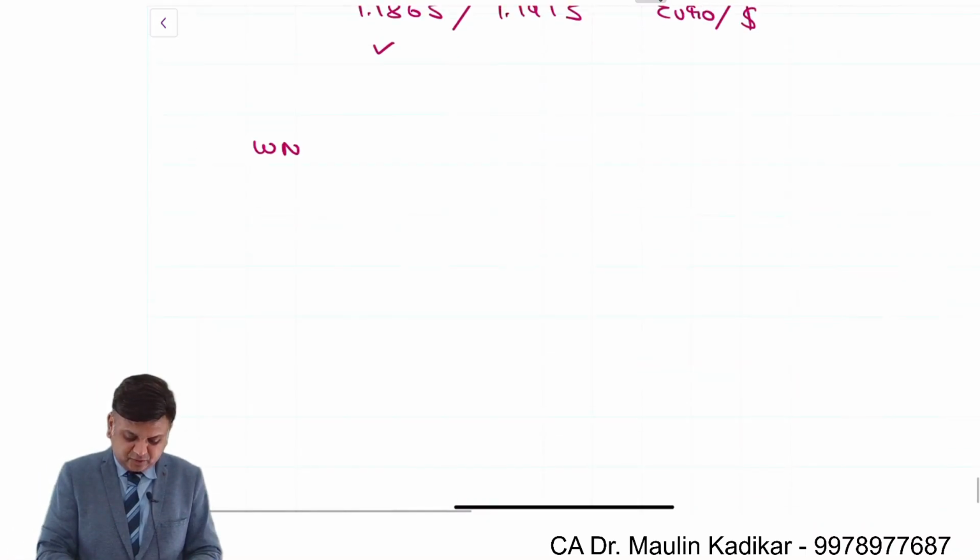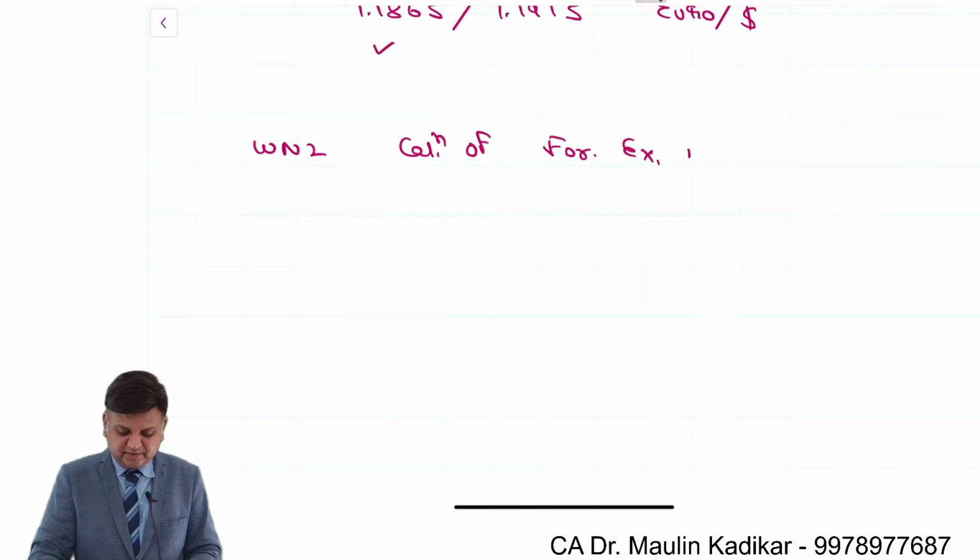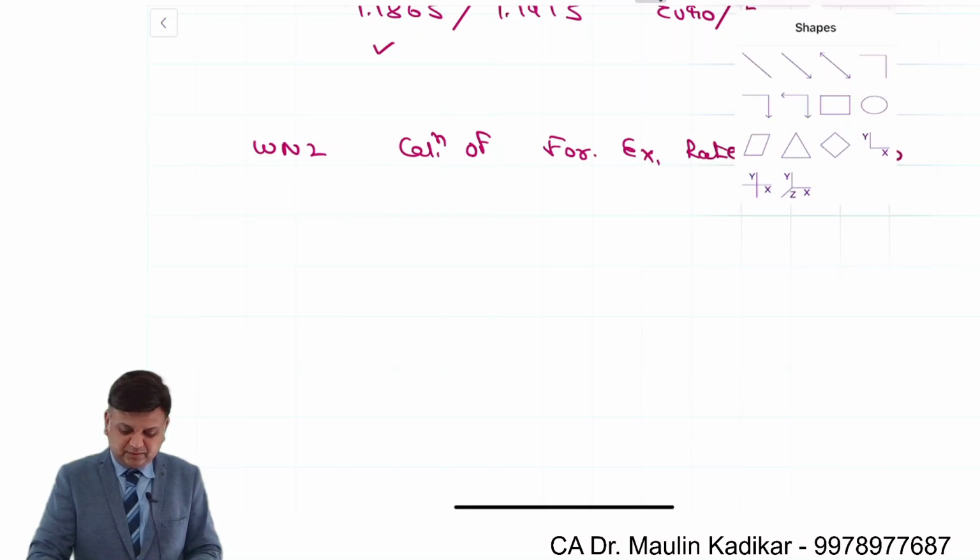So working note number 2, calculation of forward exchange rate for euro per pound.